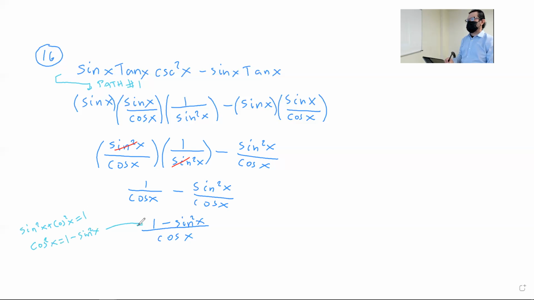So we can substitute that here. This would be equal to cosine squared of x divided by cosine. The square is going to eliminate with the cosine, and we're going to be left with just cosine of x. So that's one way of doing it.